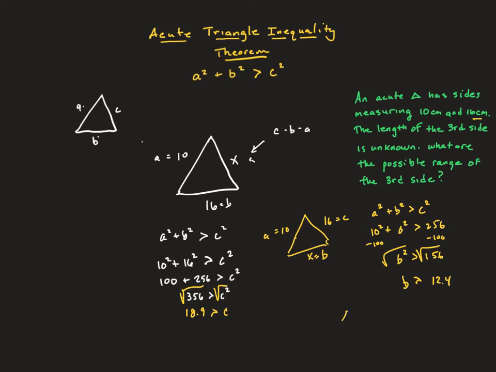So whatever that side length is, it's going to be less than 18.9 but greater than 12.4. That's my range of possibilities, because that missing side could be the hypotenuse, the longest side, or not the longest side. So that's how we're able to figure that out.